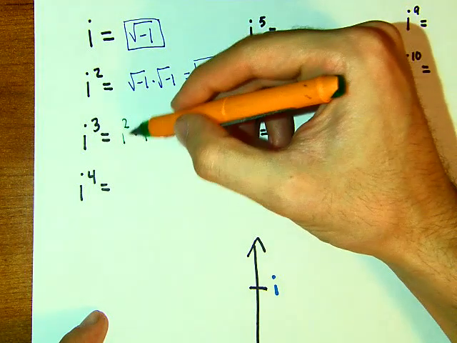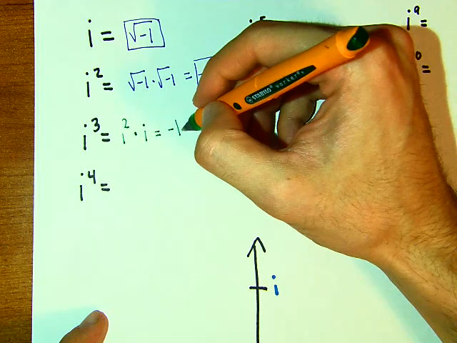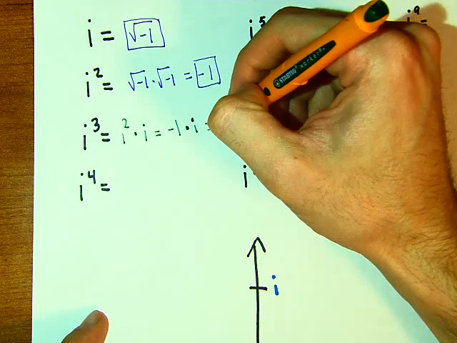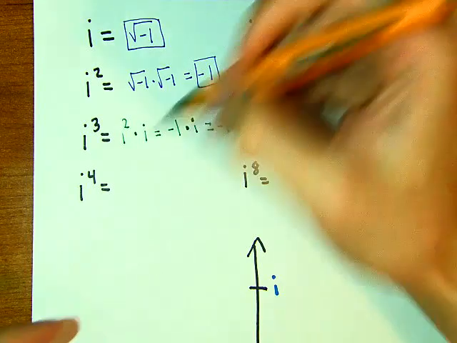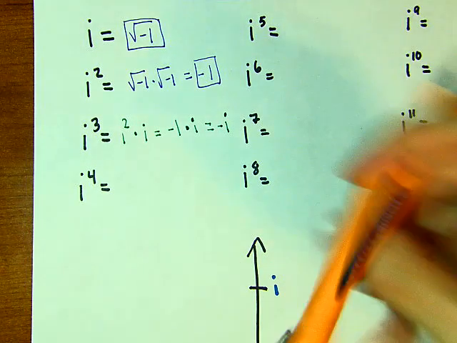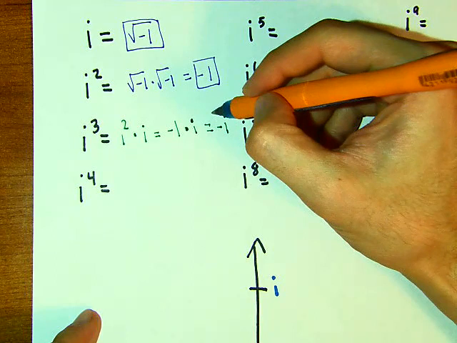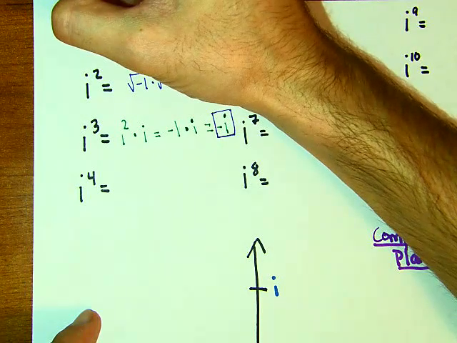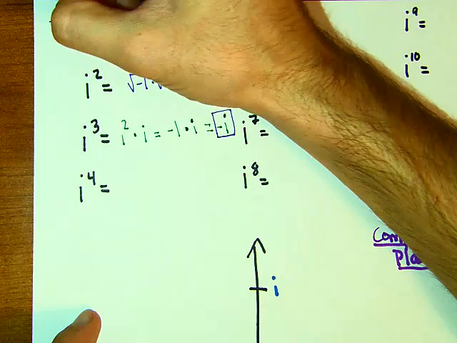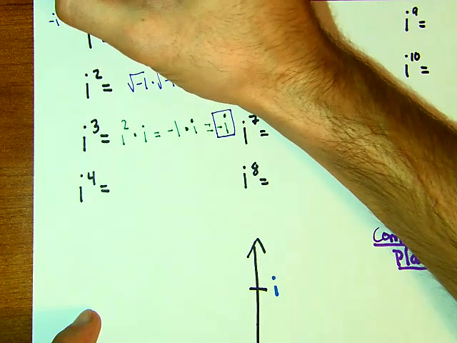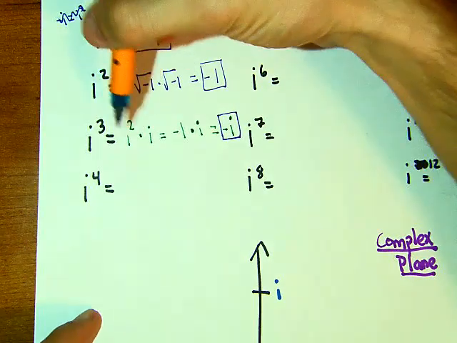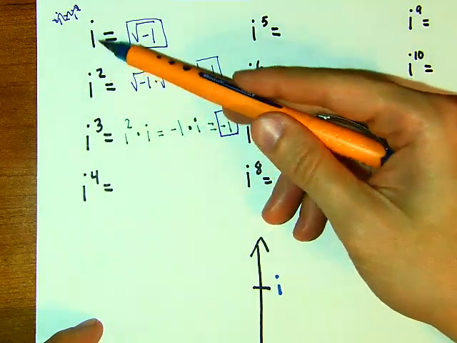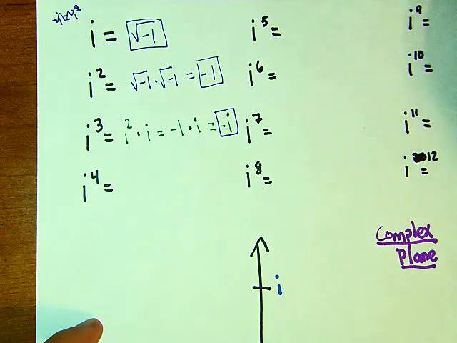So i squared times i is equal to minus 1 times i. So that's equal to minus i. All right, so i cubed and minus i are equal to each other, right? And if you're thinking, why is this important? It will get very important soon, because once we know these four, we're going to know the rest, all right?